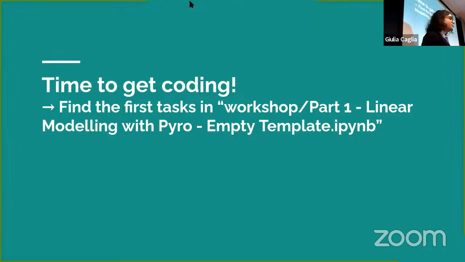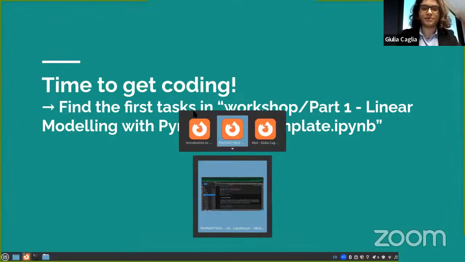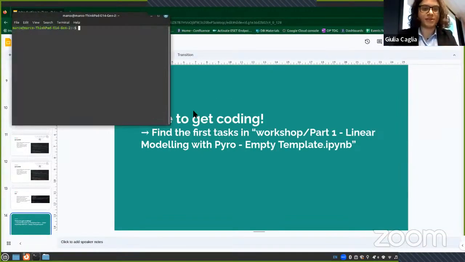Just the PyTorch cheat sheet. I think in the workshop folder. Maybe in the solutions folder. Just gonna take a look.